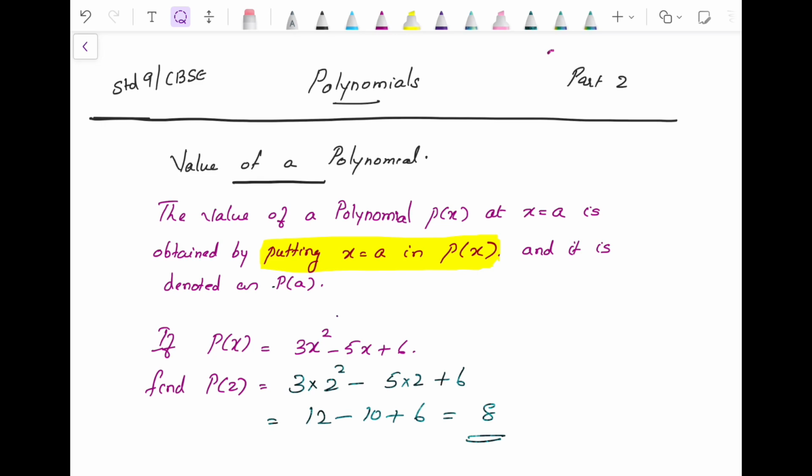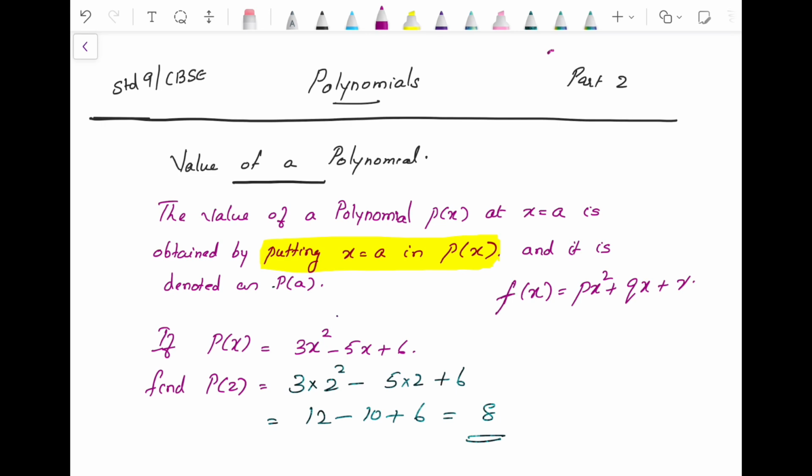Suppose f of x is equal to px squared plus qx plus r. This is a polynomial, f of x.